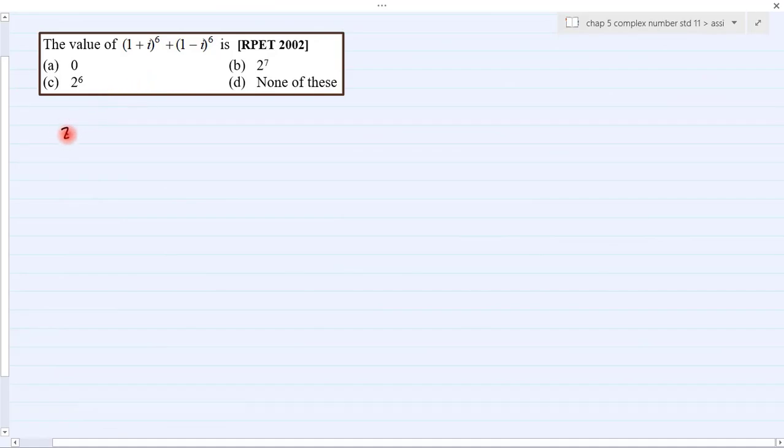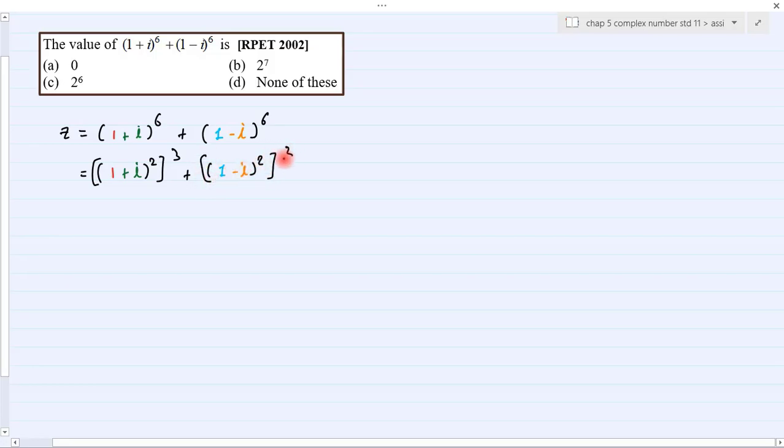In this question, you have to find the value of (1 plus i) whole raised to 6 plus (1 minus i) whole raised to 6. Now, if we expand these two terms, we will get a very lengthy step. So, we just have to find (1 plus i) the whole square, whole raised to 3, plus (1 minus i) the whole square, whole raised to 3.